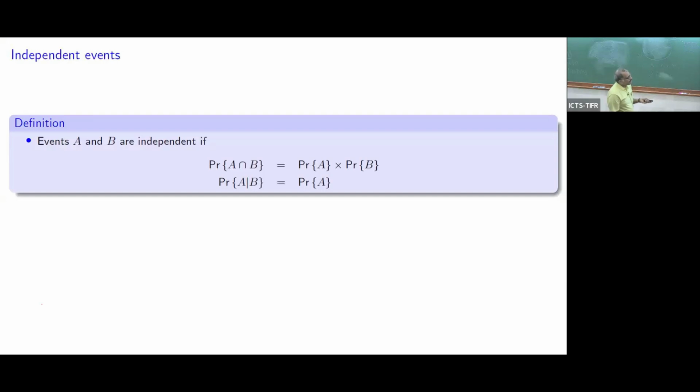Now we had seen these conditional probabilities. Once you know about them, it becomes easy to talk about something called independent events.